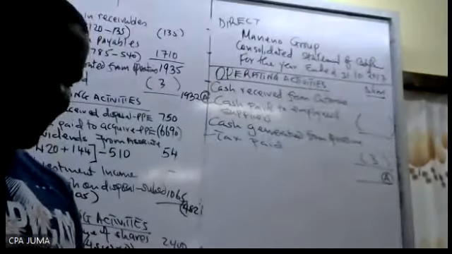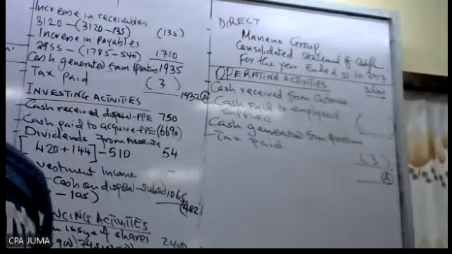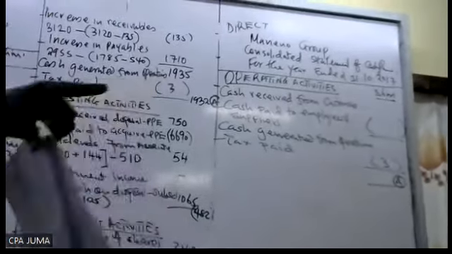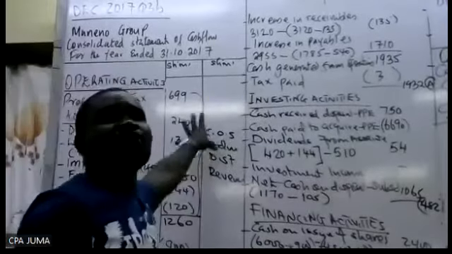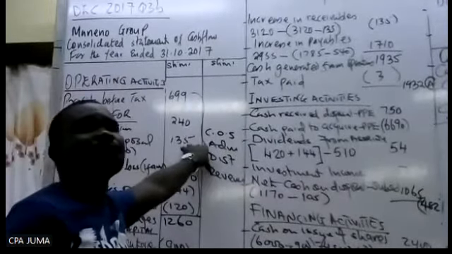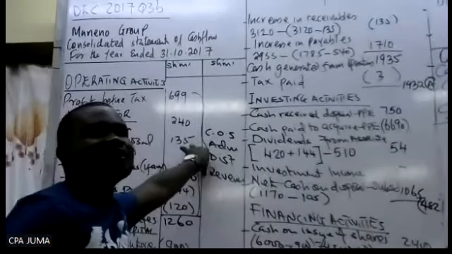But nothing is hard. What you want is something workable. The only problem with this one is how many entries? Can you count for me the entries in that cash flow we have done, up to cash and cash equivalents? How many entries are there?